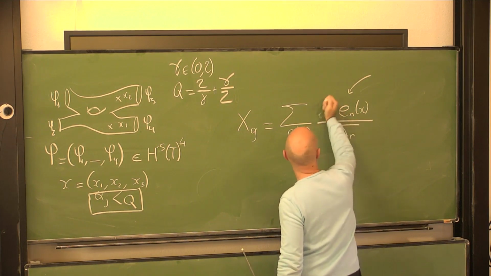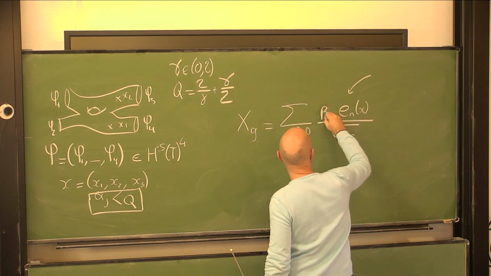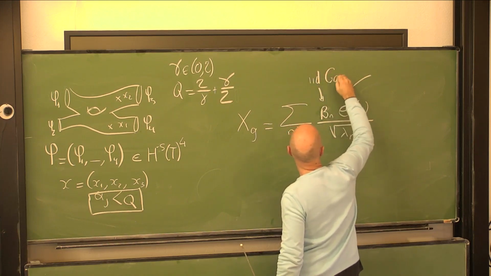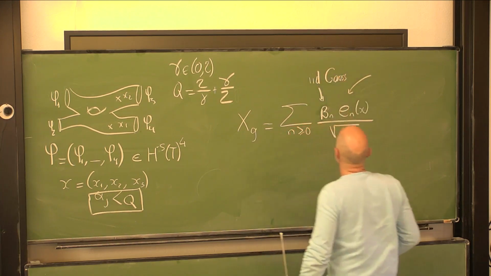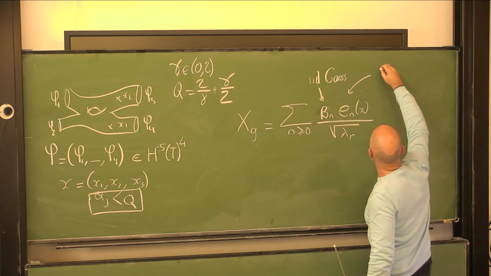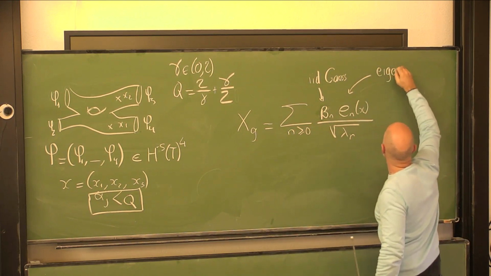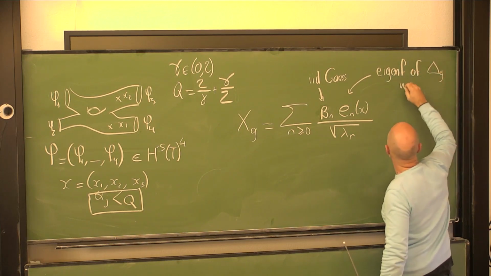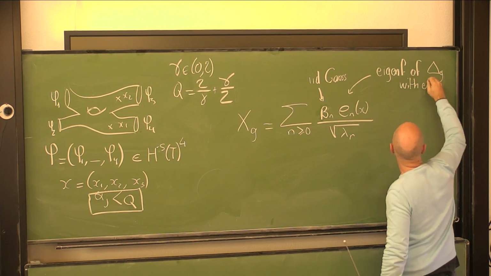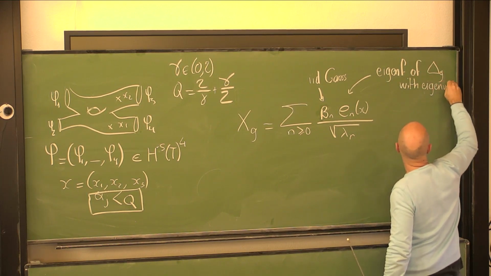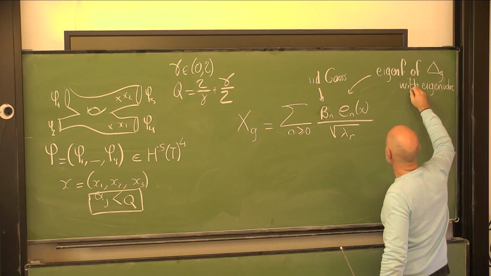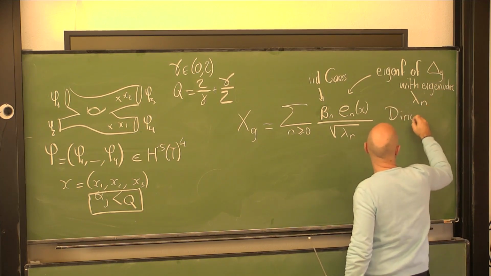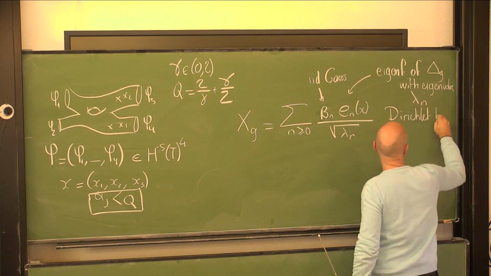These guys here are just i.i.d. standard Gaussians. This e_n is the eigenfunction of the Laplacian with eigenvalue lambda_n, and you put Dirichlet boundary condition.